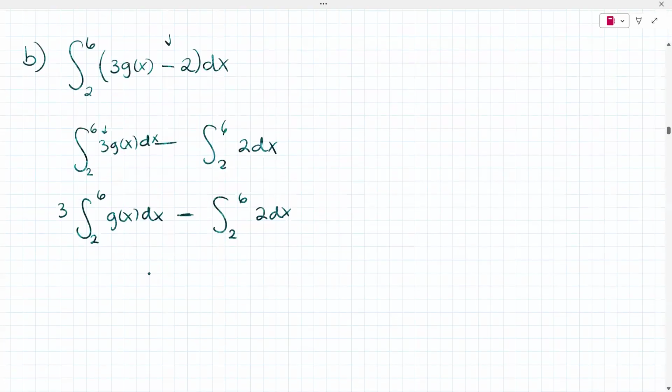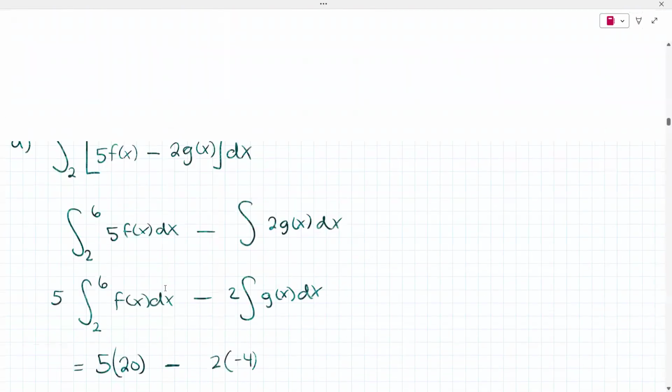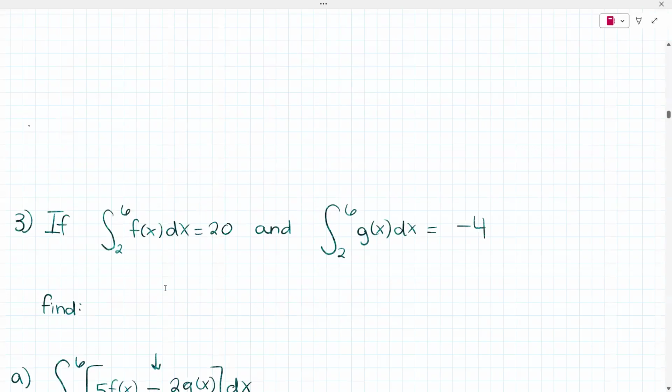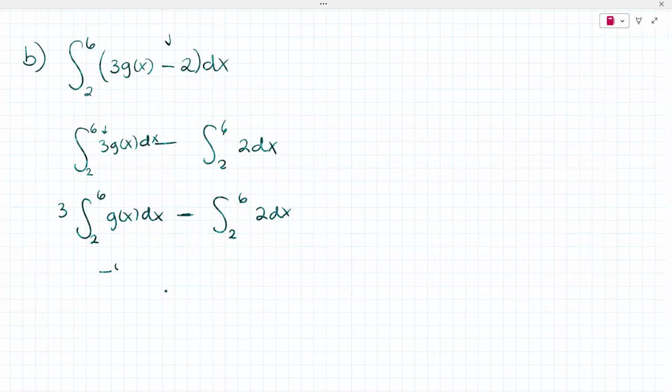Okay, the integration from 2 to 6 of g of x dx is -4. That was given. Then bring down the 3, minus, and then the integration of 2 is 2x, right? And our boundary is from 2 to 6. So we have to apply the fundamental theorem, which basically means upper minus lower.